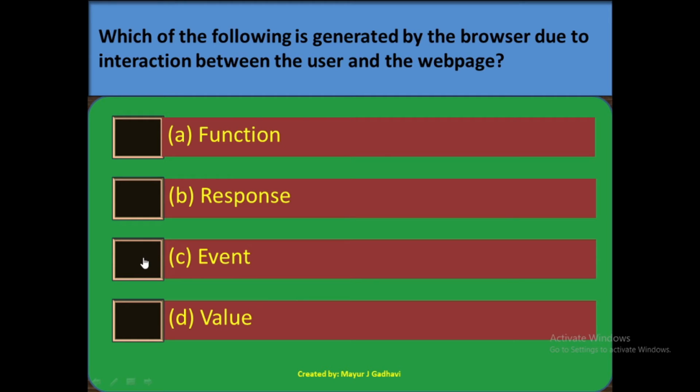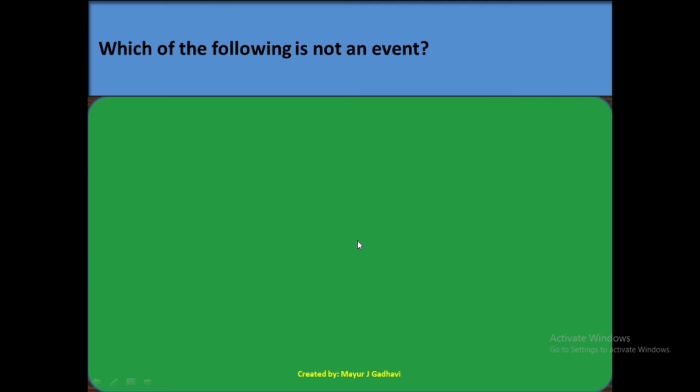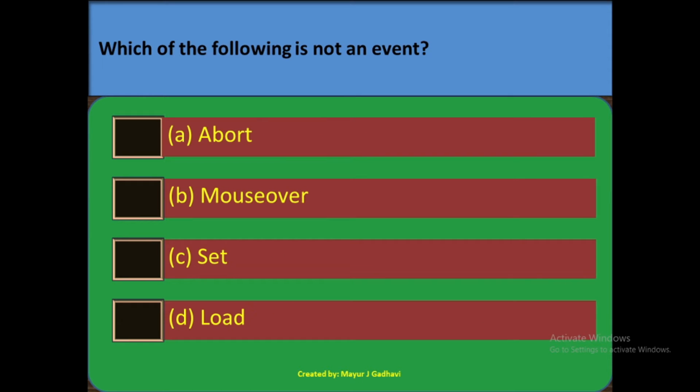Well, the correct answer is event. Next, which of the following is not an event? So among all these four options, which is not event? Event of JavaScript. Abort, mouse over, set or load. Well, C option, set is not an event.